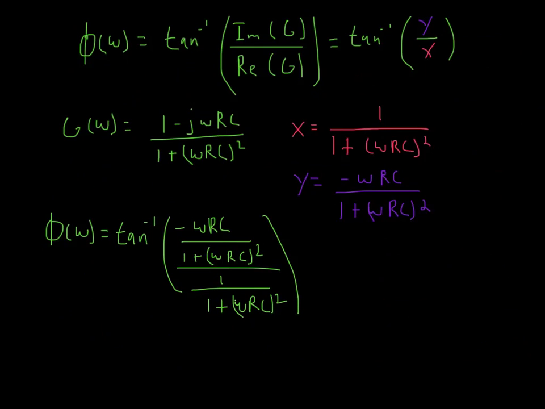But if you can see, the denominators cancel on this one, and what we're left with, if you can follow along with that sloppiness, is the inverse tangent of minus omega RC.